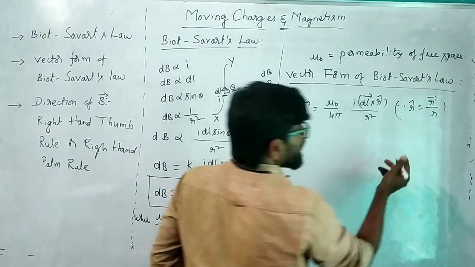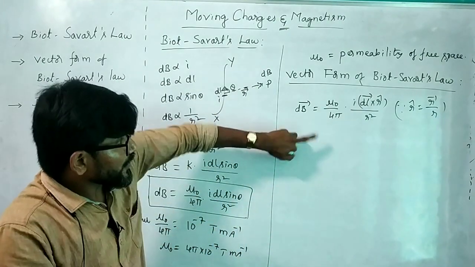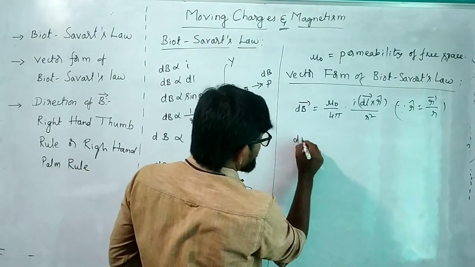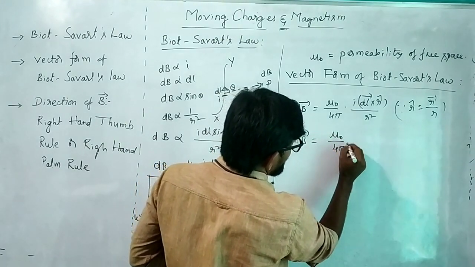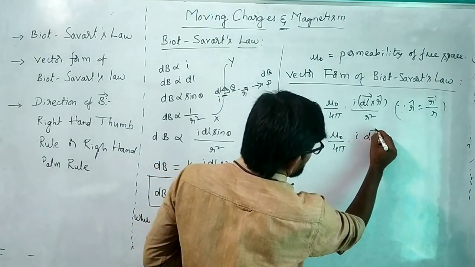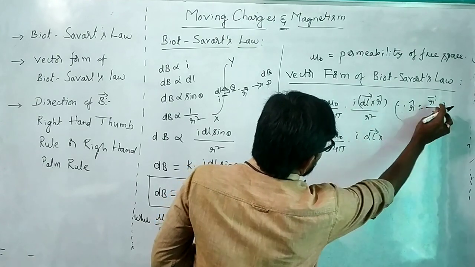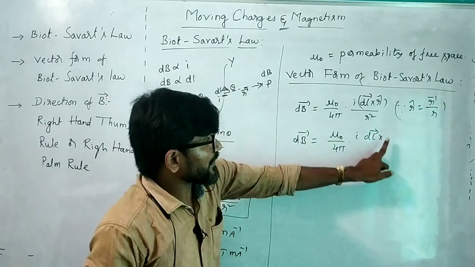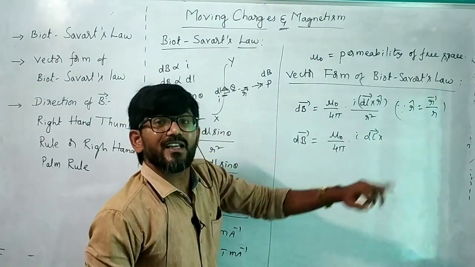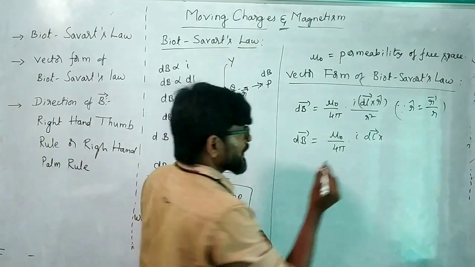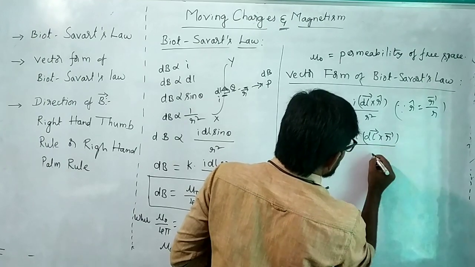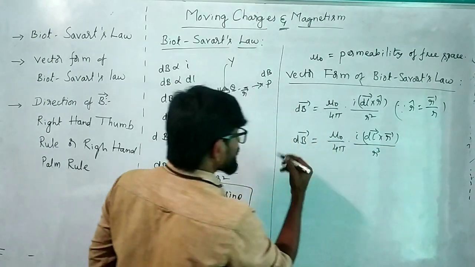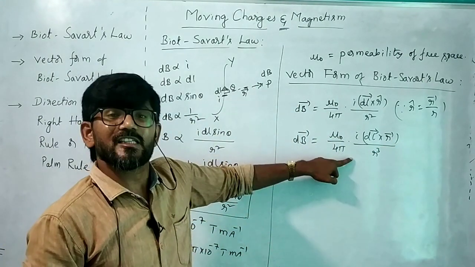Because of this, we can also express this as dB bar is equal to mu naught by 4 pi into I into dl bar cross r bar by r cube. If you replace r cap with r bar by r, then r square into r becomes r cube. Are you following? This is another way of expressing the vector form.